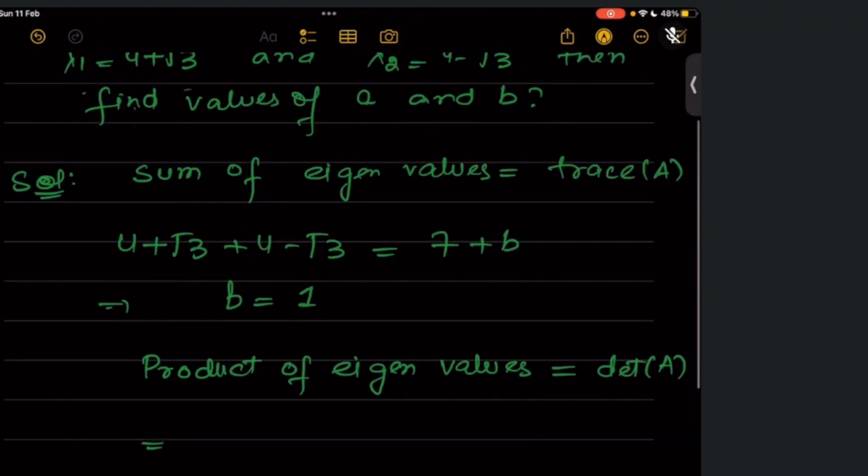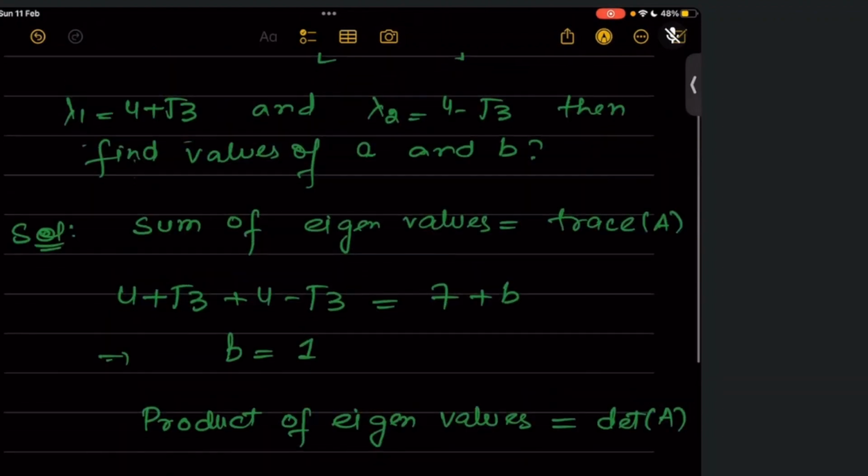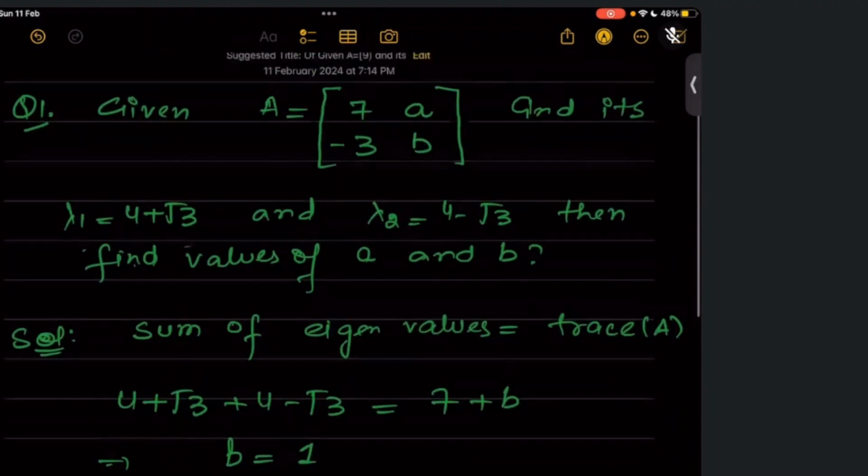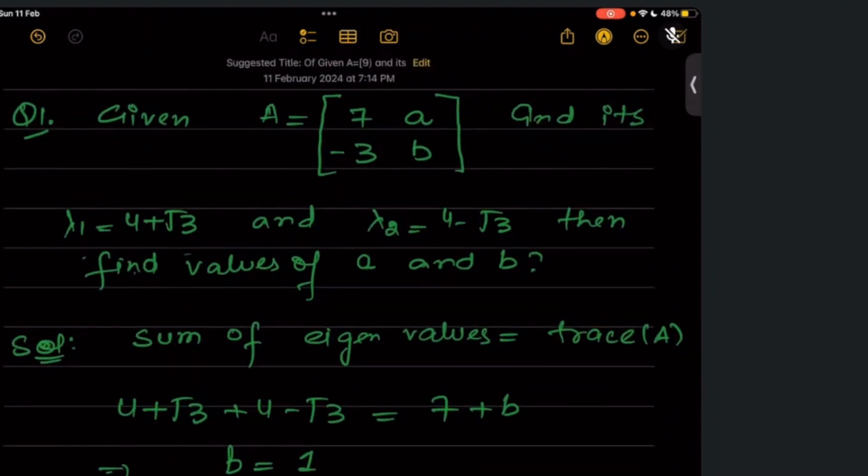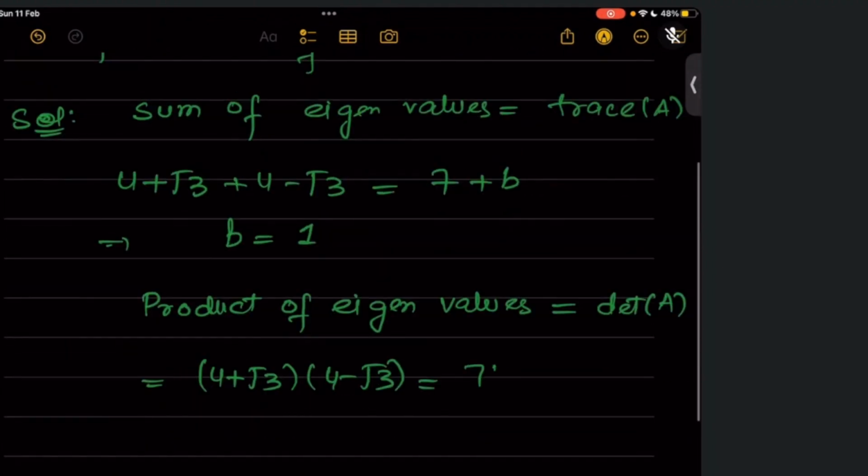Yes. So we multiply 4 plus root 3 into 4 minus root 3, which is equal to the determinant of the matrix, 7b plus 3a. It will be a squared minus b squared, which is 16 minus 3 equals 13.